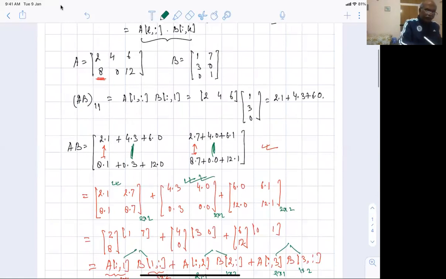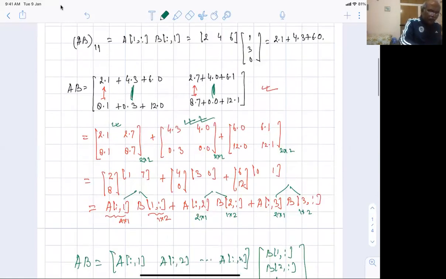Then this that I'm looking at is what is called the matrix method, where I'm getting the whole matrix using small matrices. All right. So it turns out that these are called rank 1 matrices. We'll come to the idea of rank, what is the rank of a matrix, after some time, when we come to system of equations. So this is in terms of writing the whole matrix in terms of rank 1 matrices.